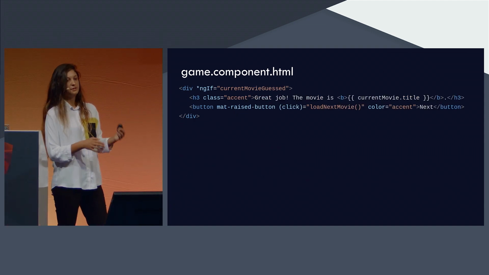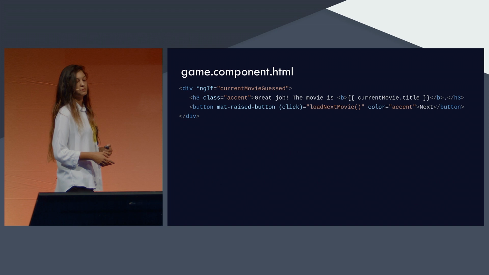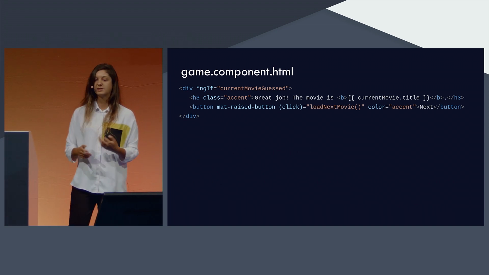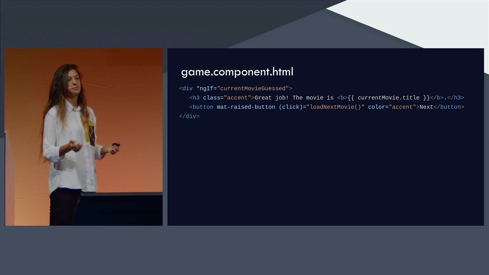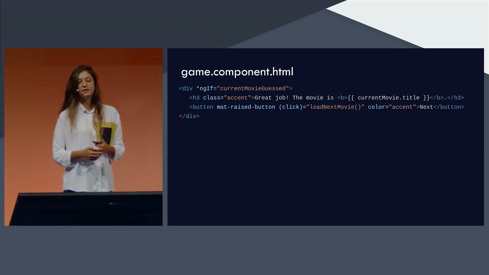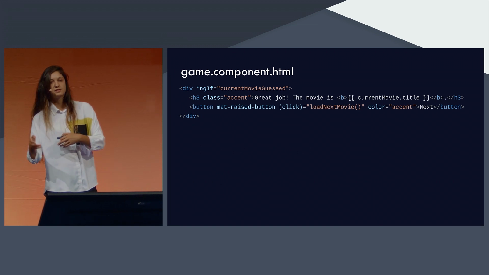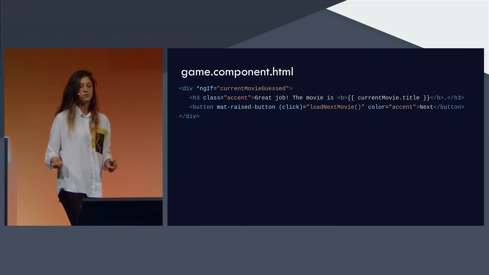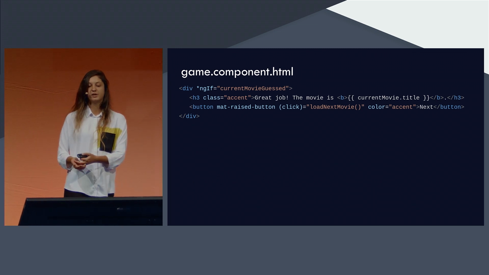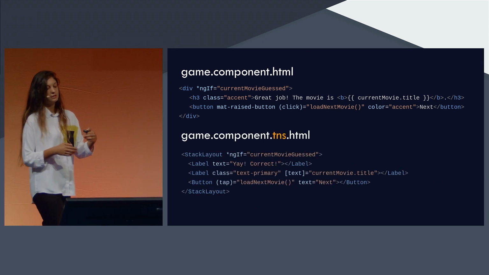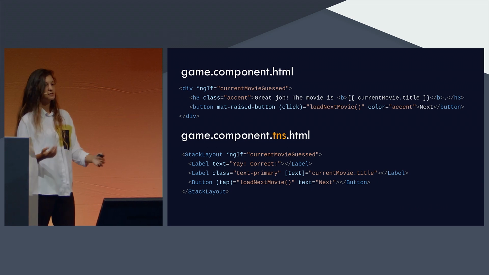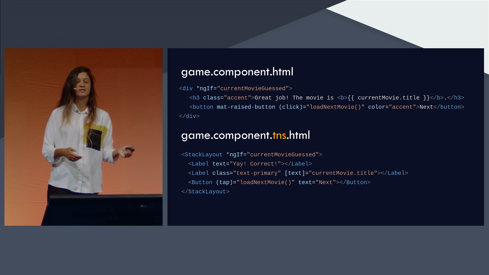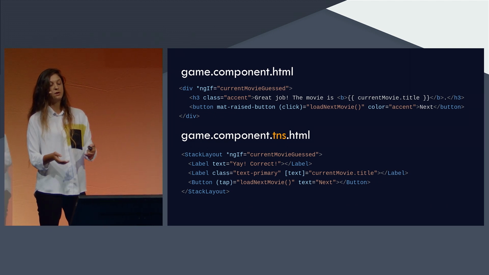Then we have a div with an ngIf, which means that if the current movie was guessed, or we typed in the correct movie, then we're going to show some message, like, great job, the movie is the thing that you wrote. And there's also a button which enables you to load the next movie. We can, again, use a stack layout because we don't have divs in NativeScript. The ngIf stays the same, and we can replace the h3 tag with a label element.